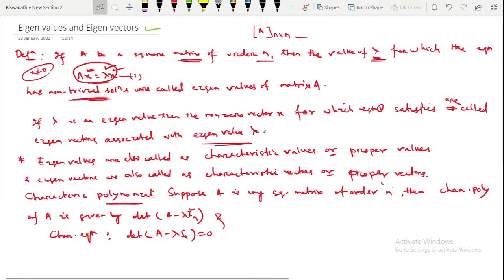Okay, so we got what is your characteristic polynomial and what is your characteristic equation.